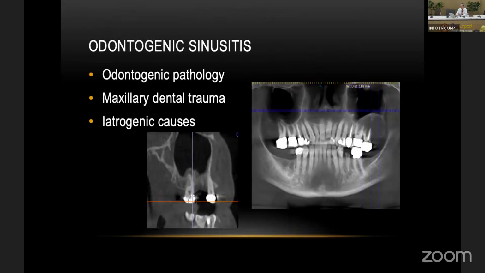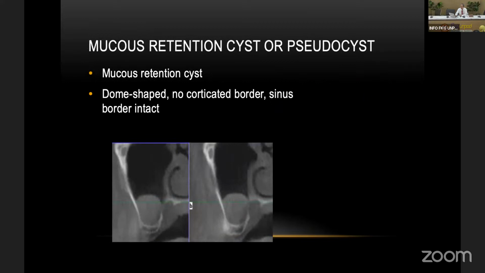Odontogenic sinusitis is also very common. An apical lesion can cause sinus inflammation, or sometimes an odontogenic cyst can involve the maxillary sinus. Mucus retention cyst normally has no symptoms, and the floor of the sinus is intact and easy to recognize.